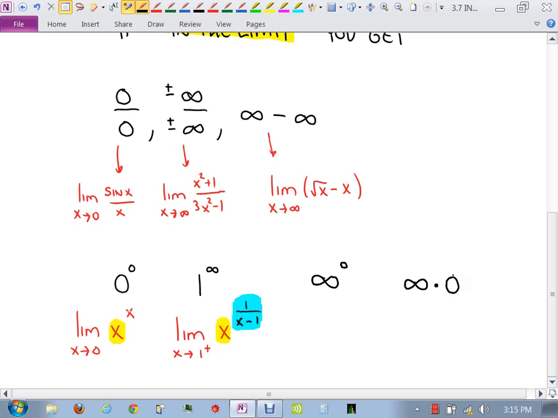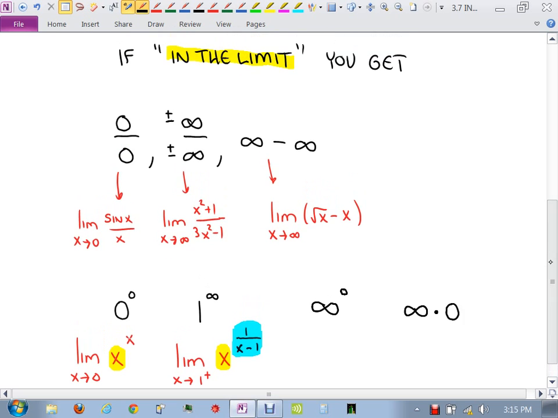That's a good one. Because what happens is the factor on the left wants to become huge, right? But the factor on the right wants to become small. Do you understand why it's so important for me to have set up here in the limit up there? Because I'm not saying 0 times infinity is something we don't know. I'm saying something that gets huge times something that gets small we don't know.